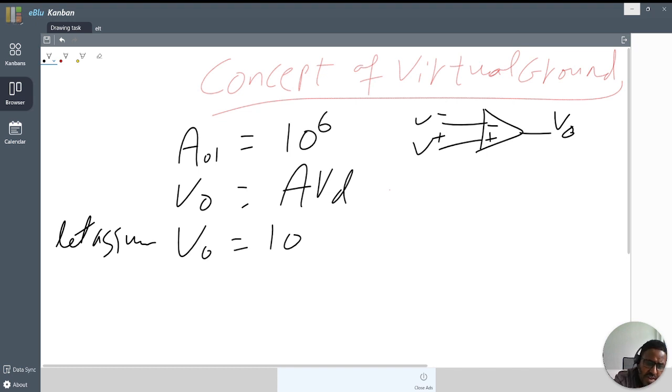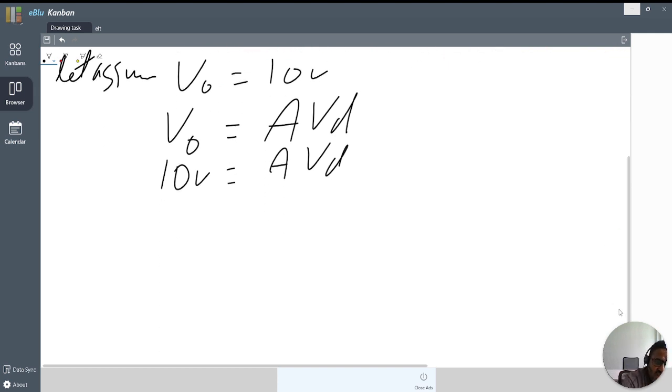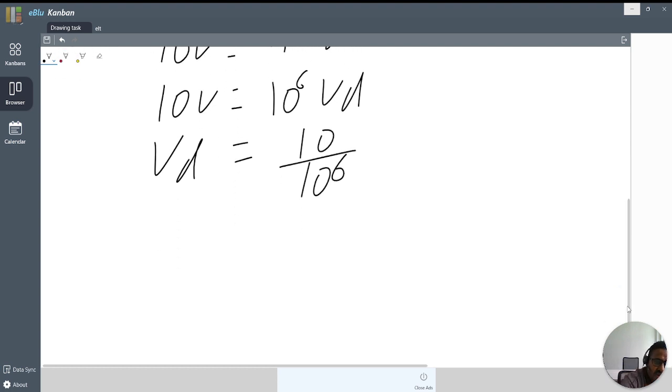Then 10 volts equals 10 raised to 6 times Vd, so Vd becomes 10 volts over 10 raised to 6. Dividing 10 by 10 raised to 6, Vd becomes 10 microvolts.